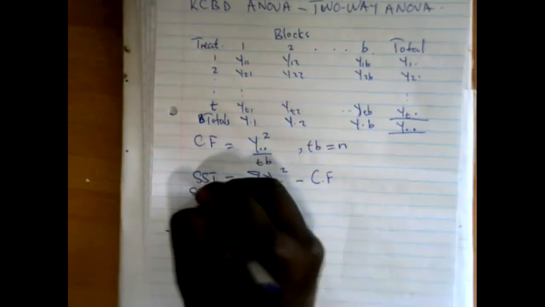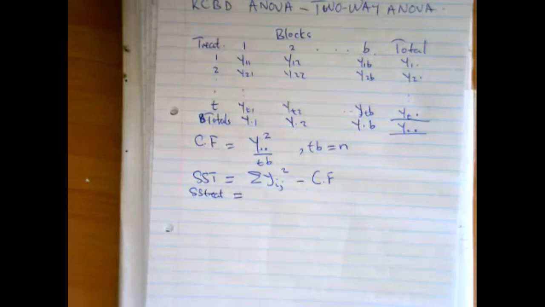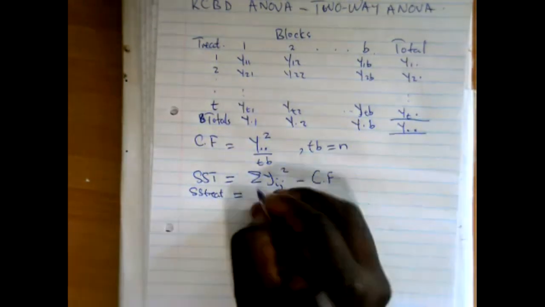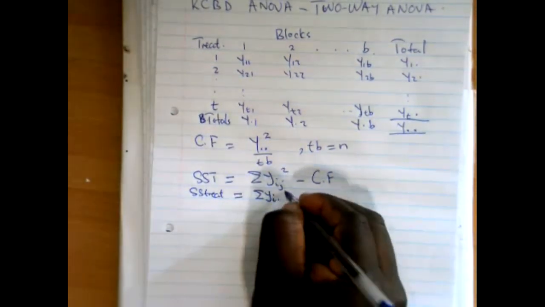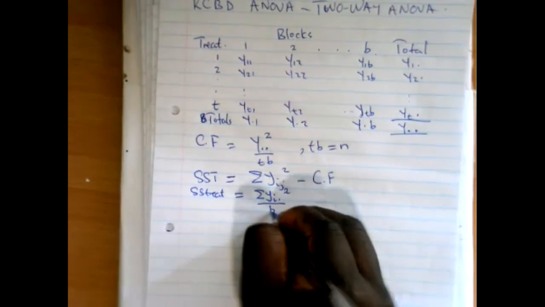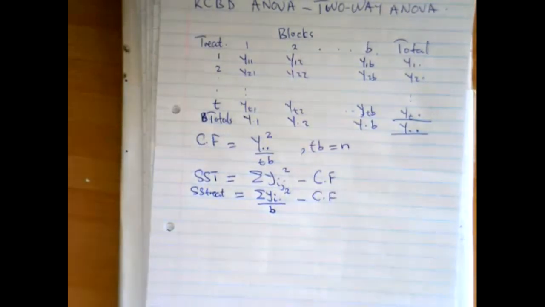So SS treatments will be equal to, now we are going to use the treatment totals, the summation of Yi dot squared divided by the number of blocks B, minus the correction factor CF.